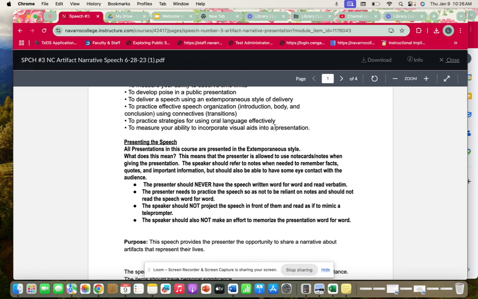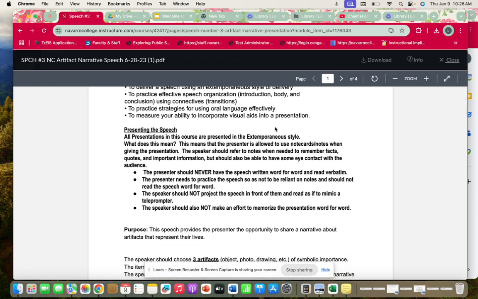You're going to practice the speech organization, such as an introduction, the body of the speech, and a conclusion, and use transitions or connectives throughout the presentation. You're going to practice effective oral delivery, meaning think about your pace, how fast or how slow you're speaking. Think about your vocal fluency.